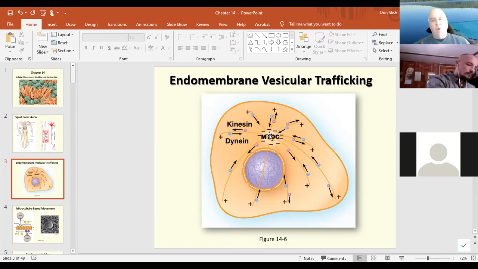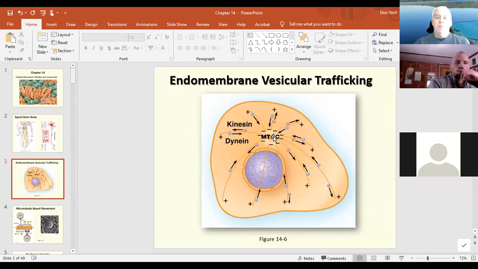And in chapter 12, when we talk about the endomembrane system, we'll see that this is between the rough ER and the Golgi or after the Golgi. It's right in that whole vicinity. So things are moved around from the rough ER to the Golgi and from the Golgi off to different parts of the cell using this cytoskeletal contraption.